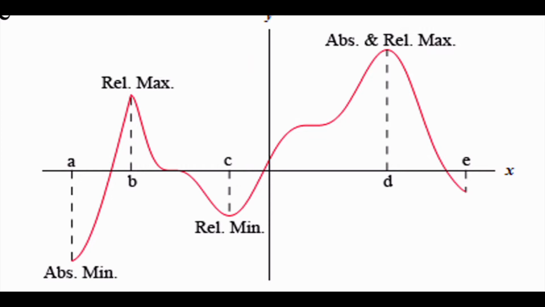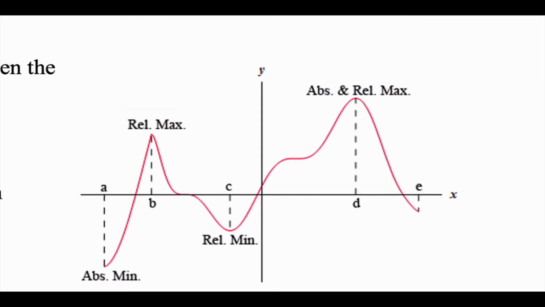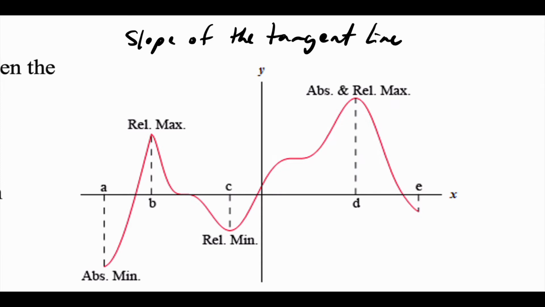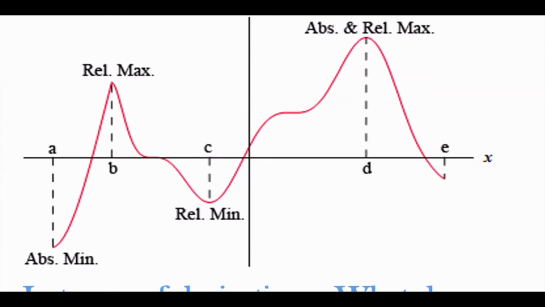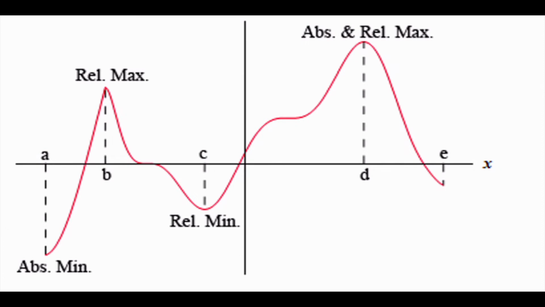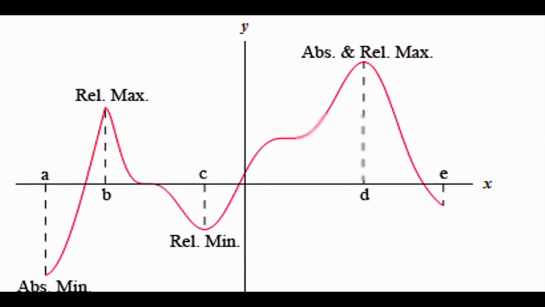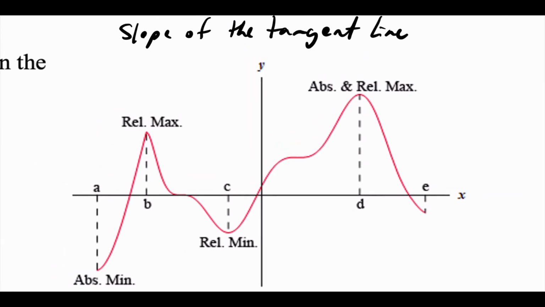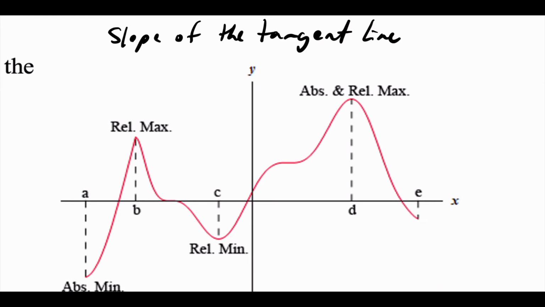Okay? So when we're looking at slope of the tangent line, let me write that down. What do you notice about the slopes of the tangent line at all of those points, A, B, C, and D?